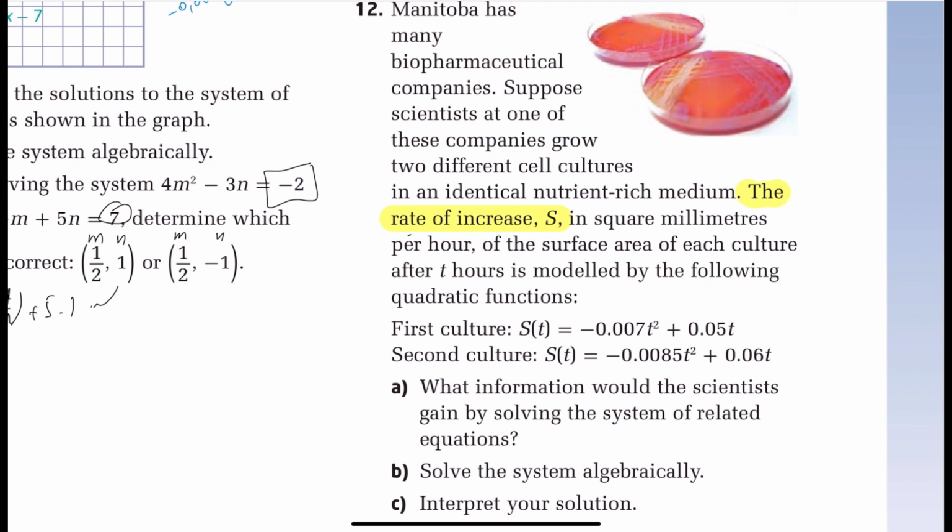By solving this system of equations, the scientists will determine the time when both cultures have the same rate of increase of surface area. So they will find the time where exactly these two different growth rates will be equal.